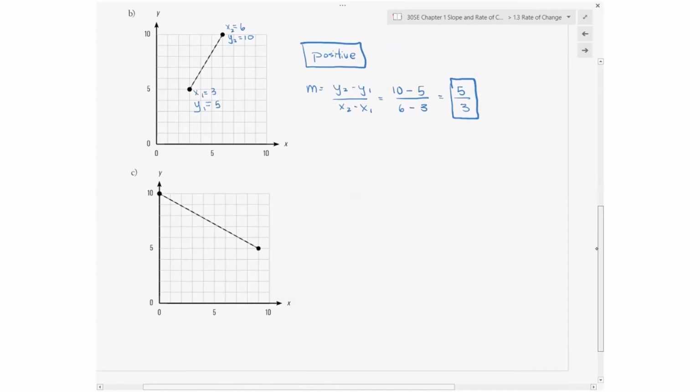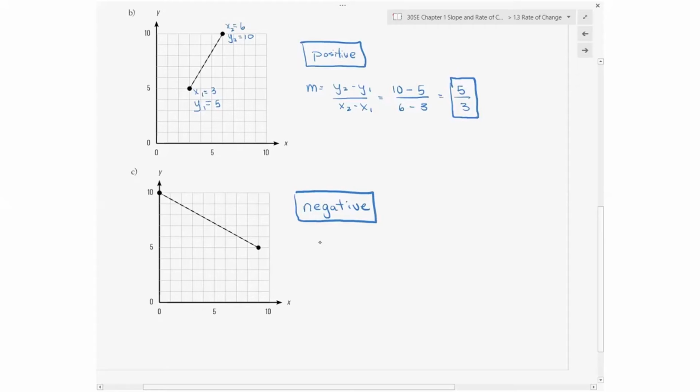Now here we look, and we're going from left to right. It starts high and goes low, so this is a negative slope. So when we calculate our slope, we should expect to get a negative answer. So m is equal to y2 minus y1 over x2 minus x1. This time I'm going to label them from left to right. So here, let's go y1 and x1, just because it makes it a little bit easier maybe the way we see it.